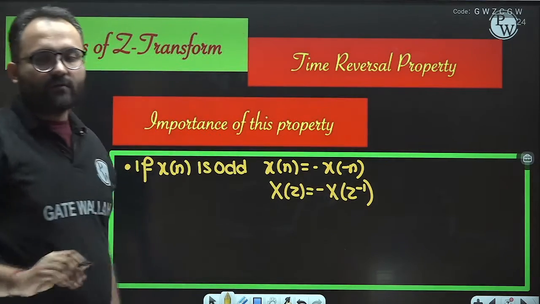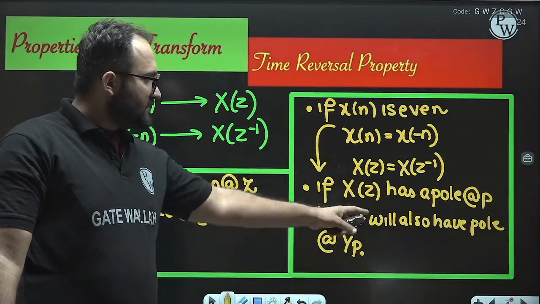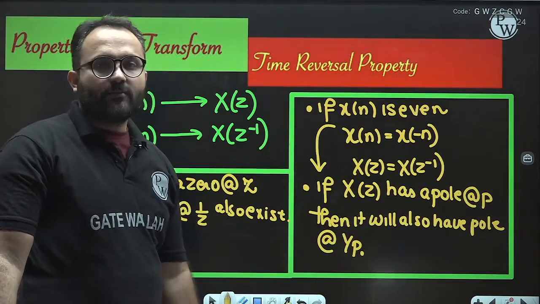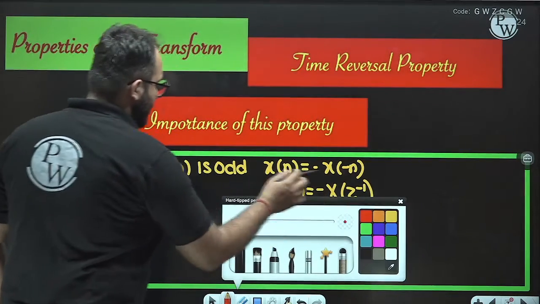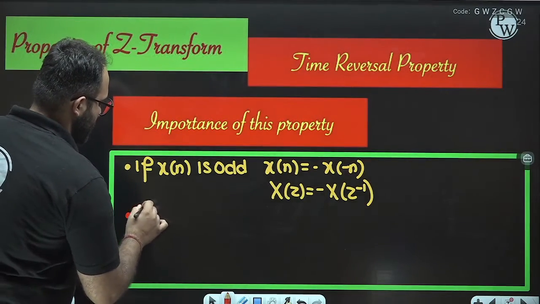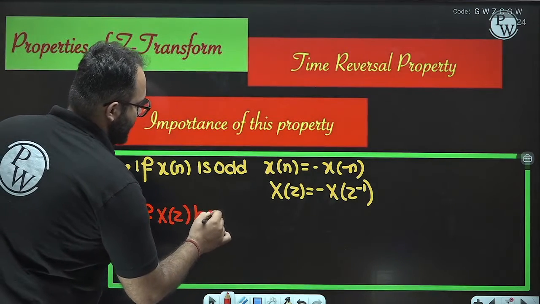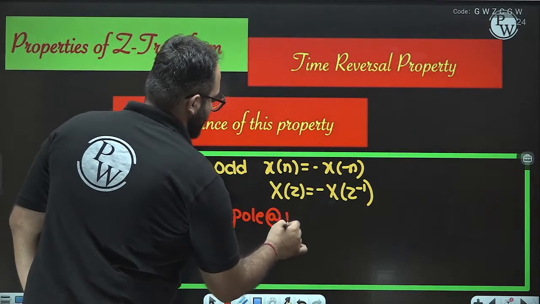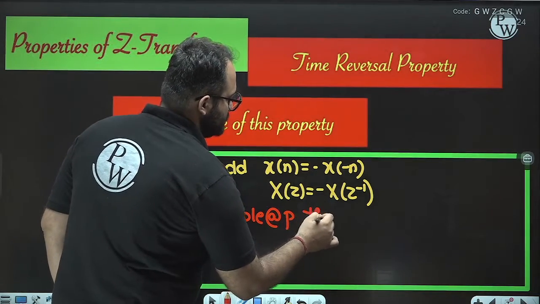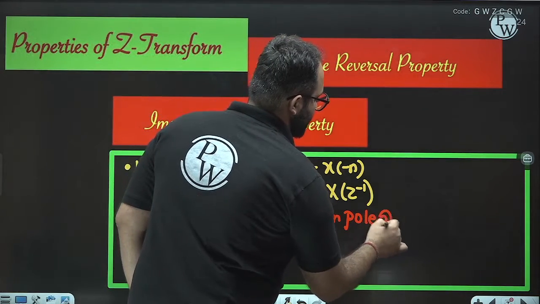In this case the same property exists as for even. The properties are: if X(z) has a pole at P, then a pole at 1 upon P also exists.